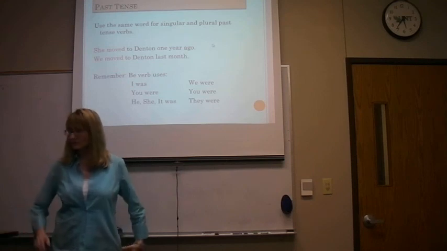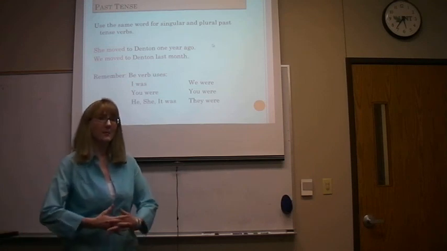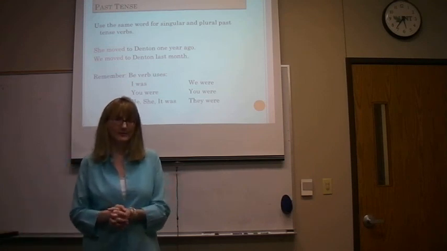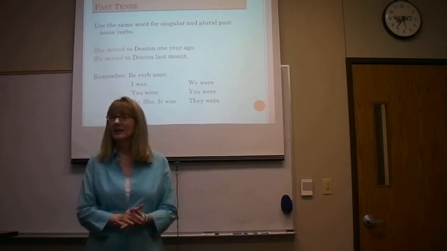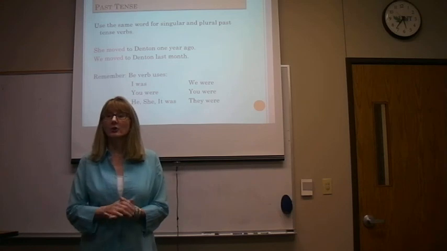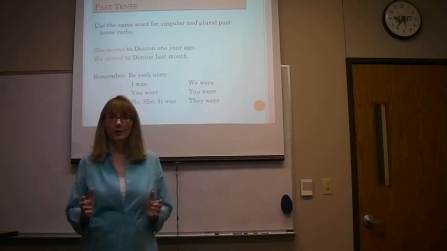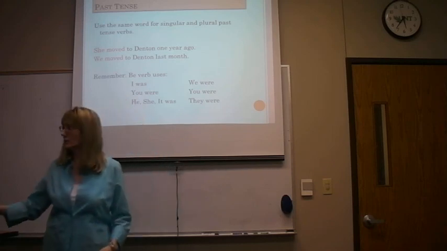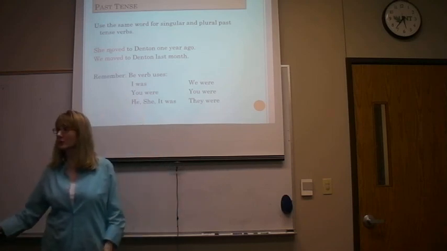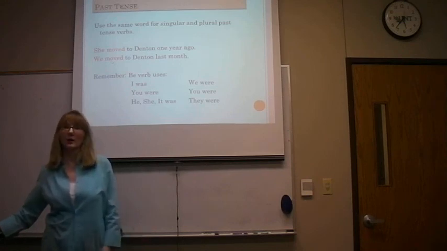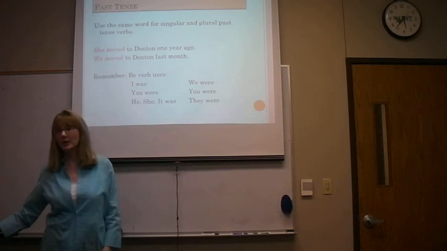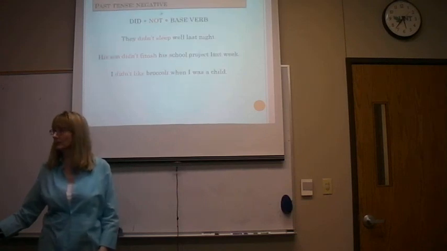Now, the good thing about past verbs, we're not talking about the past be verb though, is that you use the same verb for any subject. So we can say she moved, we moved. They're the same verb. You don't have to think what is the right one for he, she, or it.